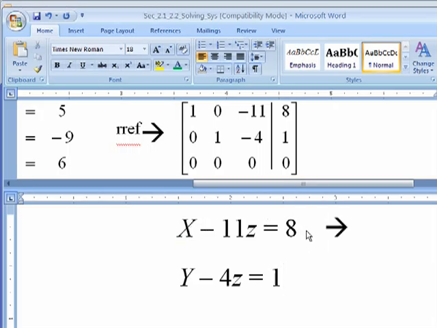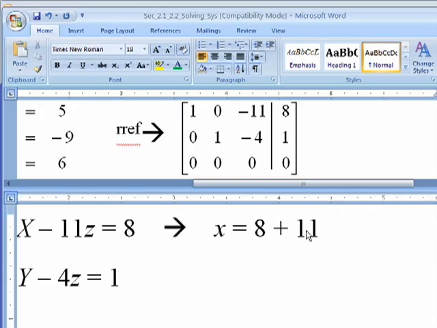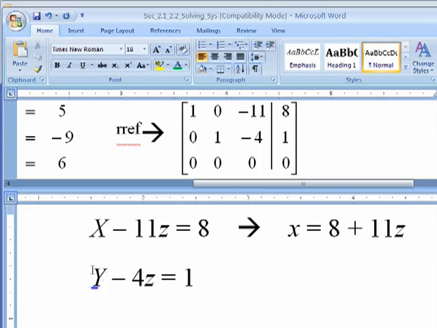So that top equation, solving for x, I would just add 11z to both sides. So this tells me x equals 8 plus 11z. And then I want to do the same thing. In the second equation, the first variable was y, so I'm just going to solve for y.